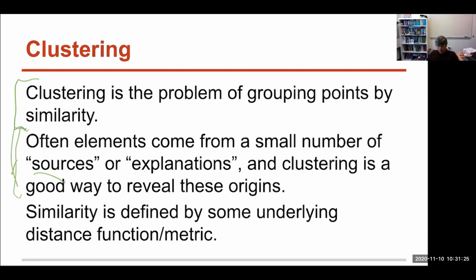To do clustering, we need to be able to measure the similarity of items. Similarity is defined by a distance metric, akin to what we talked about with nearest neighbor methods. Any questions?